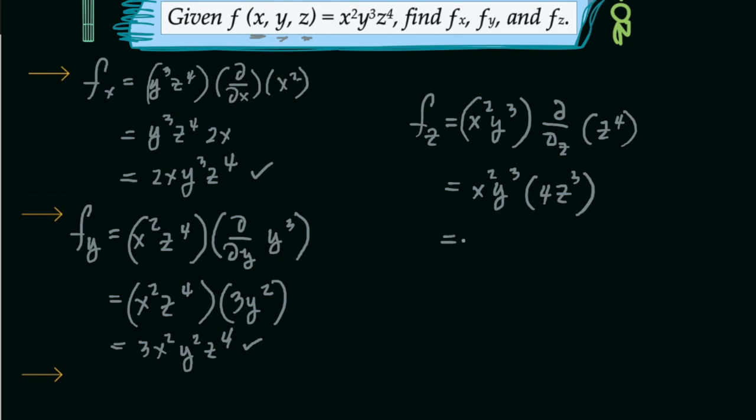Finally, by simplification, the answer will be 4x squared y cubed z cubed. So this is the value of f sub x, this is f sub y, and this is f sub z.